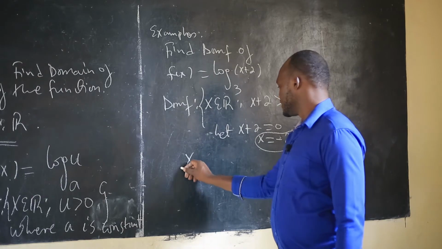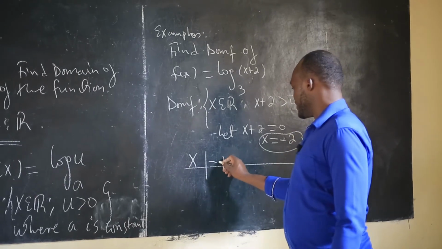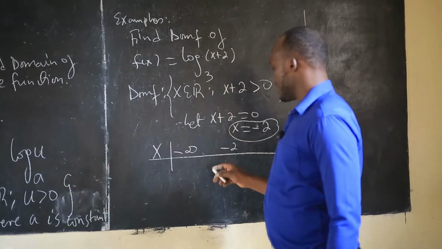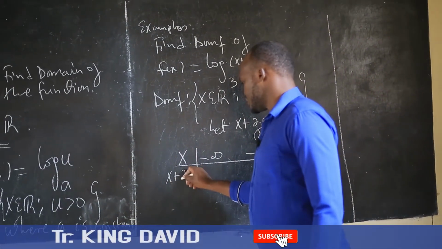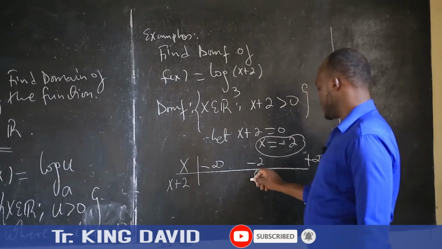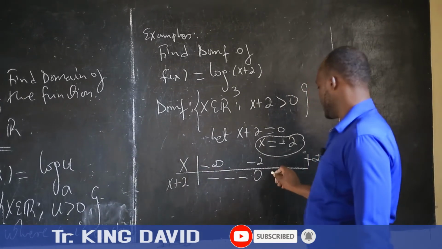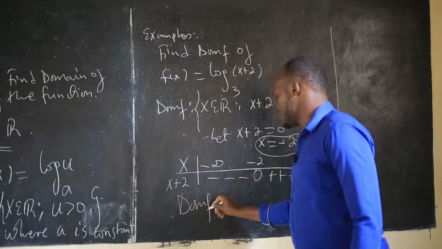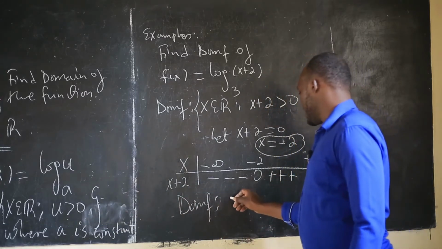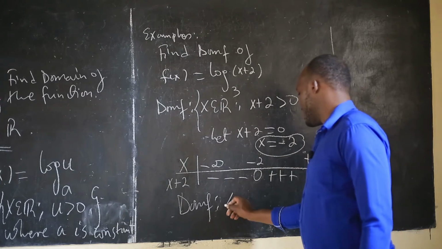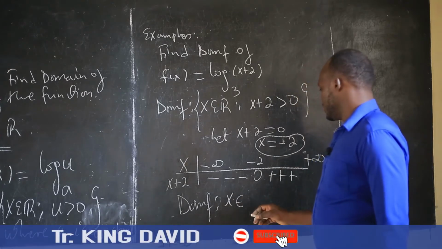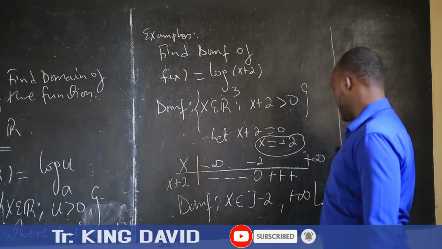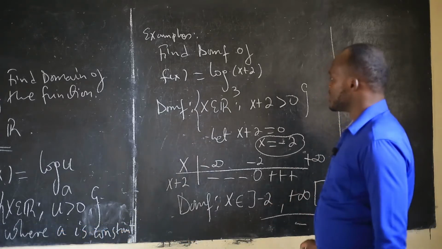We start the sign from negative infinity to positive infinity. We have negative 2, and our expression is x plus 2. It will be 0 here, negative, positive. So dom f is x a member from negative 2 to positive infinity, because that's where you have positive solutions. So that's the domain.